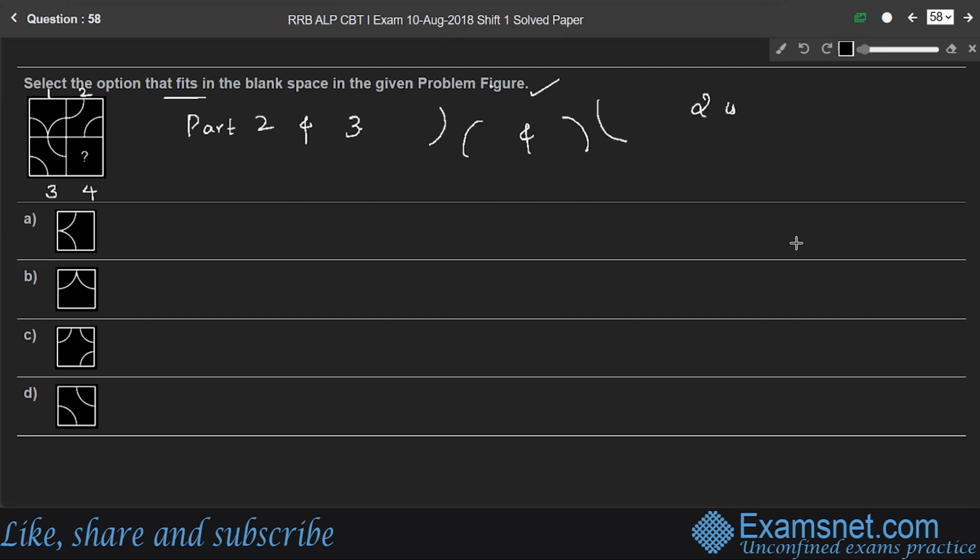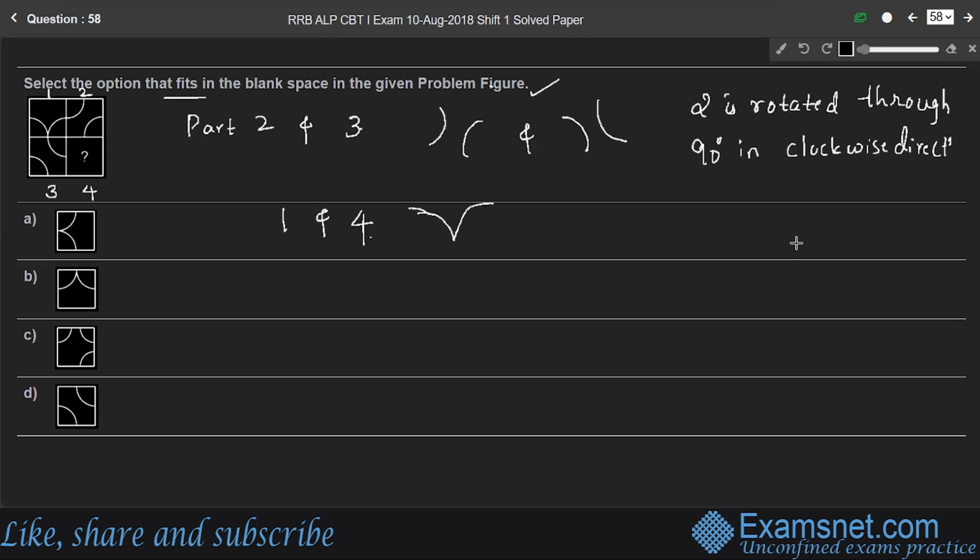So when 2 is rotated through 90 degree in clockwise direction, we'll get 3. Therefore, to find the fourth figure, we'll consider part 1 and 4. Part 1 is like this.